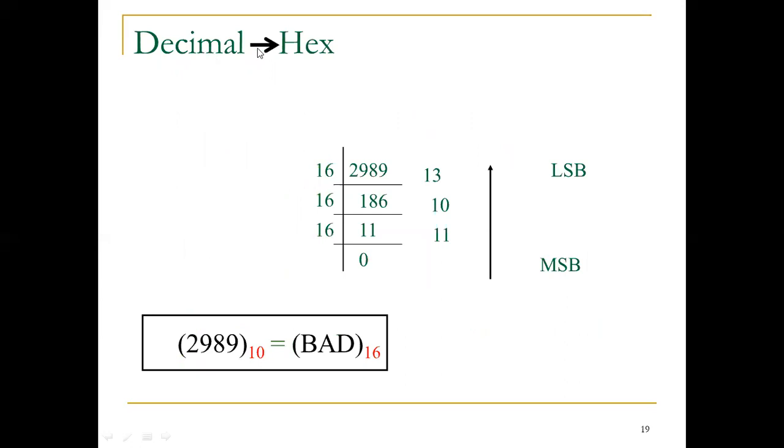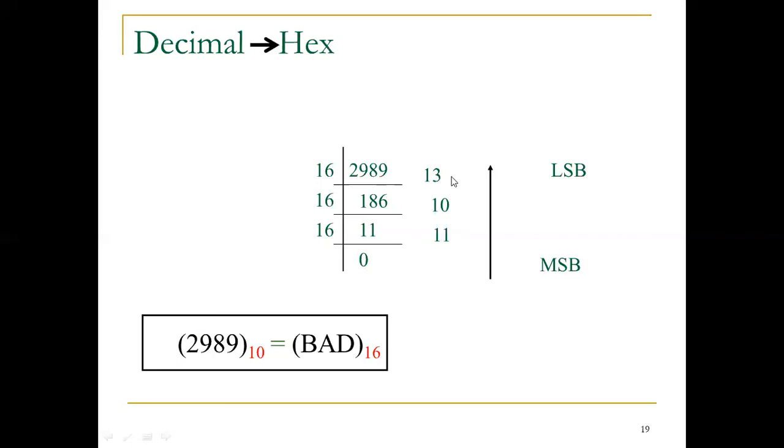Then decimal to hexadecimal. Again same procedure here. So this is the decimal number and we need to convert into hexadecimal. So 2989 divided by 16. So this is the remainder and this is the quotient. Again you continue this up to 0 here.